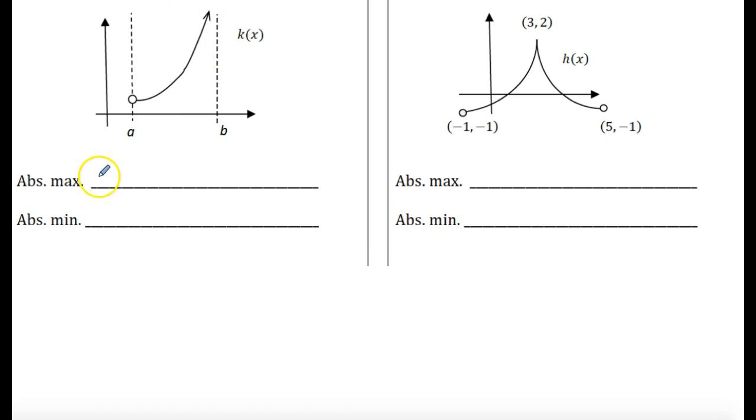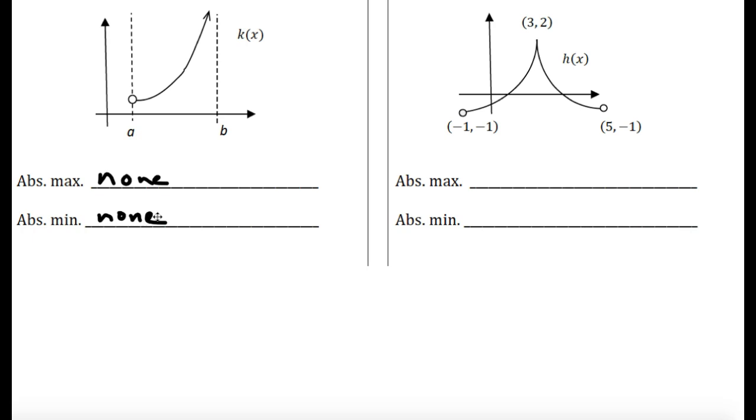And if we have a situation like that, there is again no absolute maximum value. We just keep going up forever. Absolute minimum then should occur right here. However, we have an open dot there. So again, we say that the absolute minimum value doesn't exist. There is none on this graph.